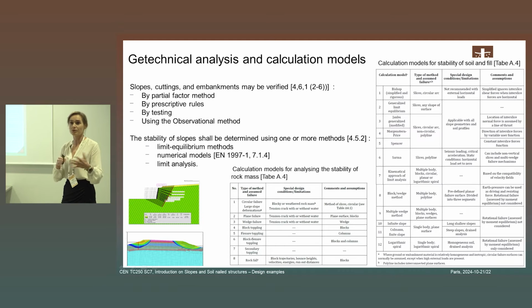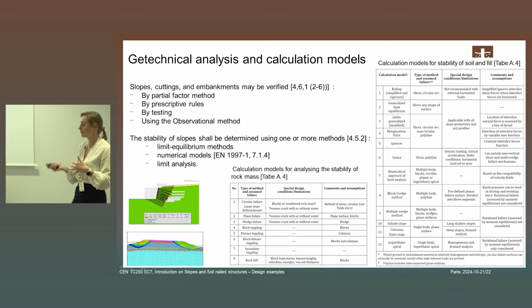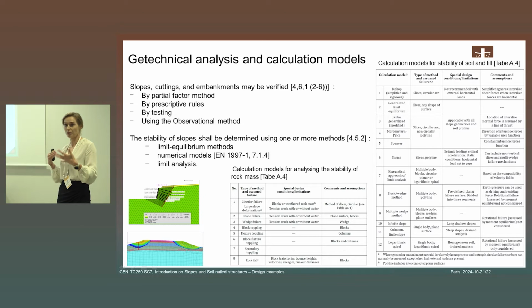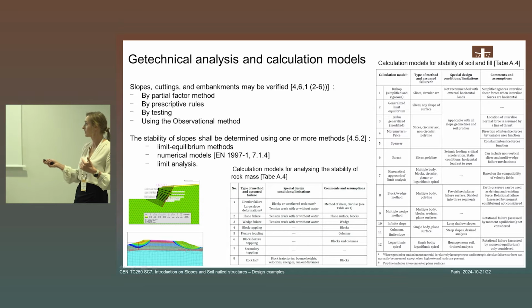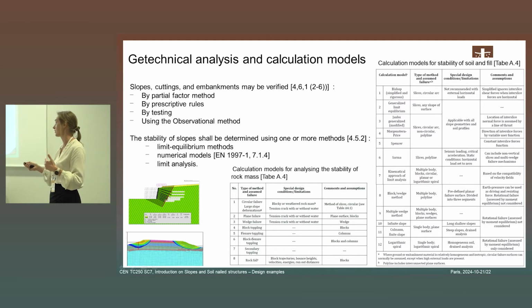When it comes to the verification methods, all defined in Eurocode 7 Part 1 are allowed for slopes. Then regarding the geotechnical analysis, the stability of slopes shall be verified either with very popular limit equilibrium methods or numerical models, and there is a special chapter on this aspect in Eurocode 7 Part 1, or with limit analysis.